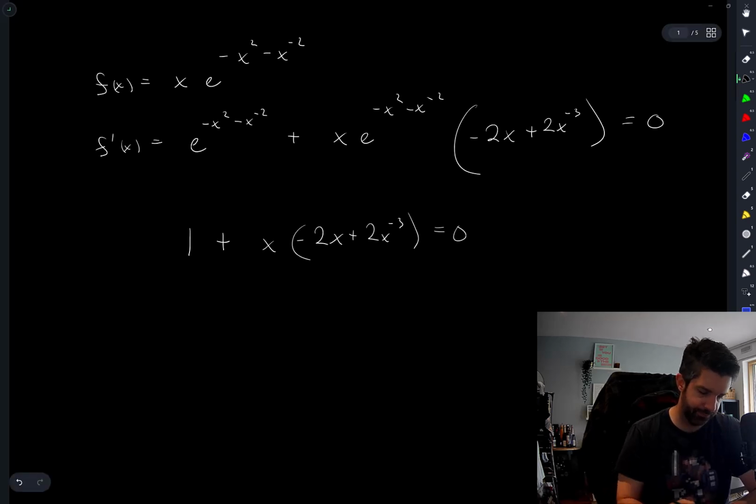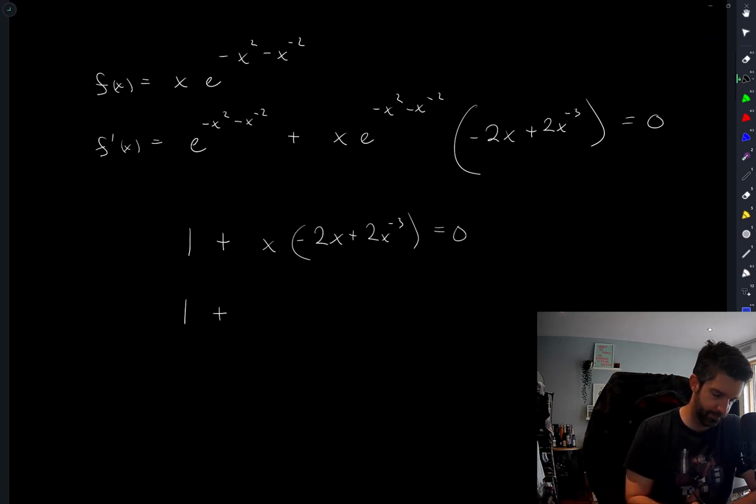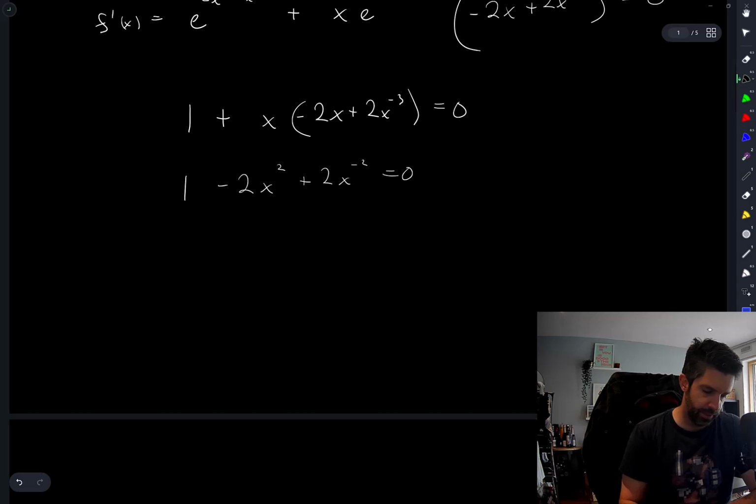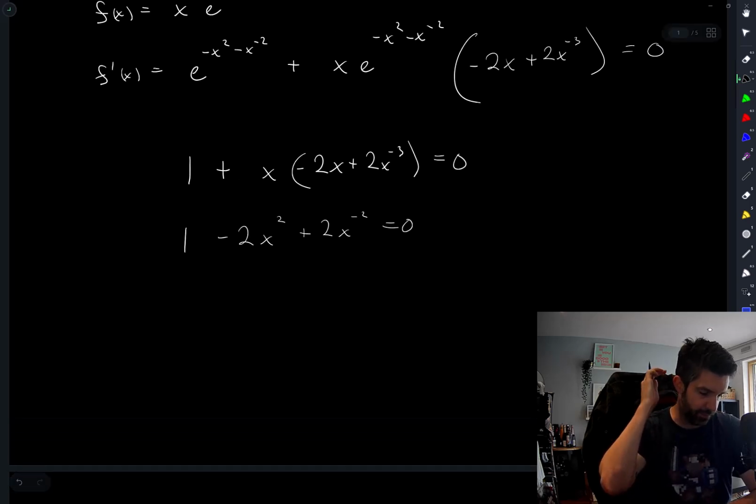Yeah, okay. Assuming x is non-zero, I can multiply through by x squared.